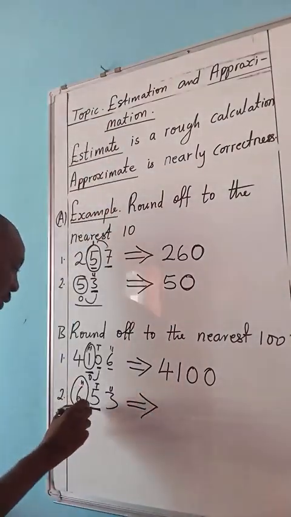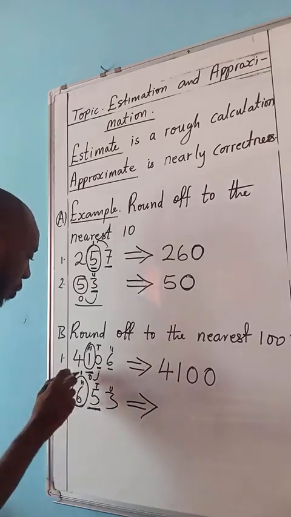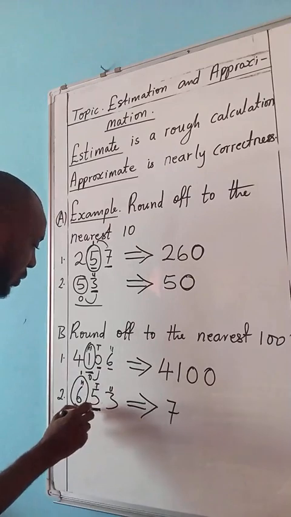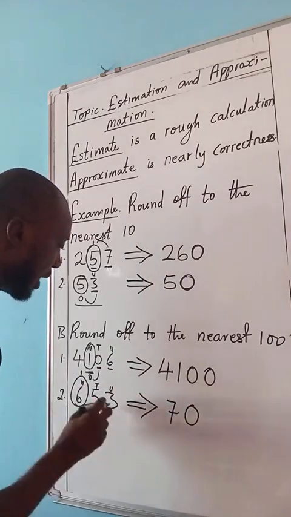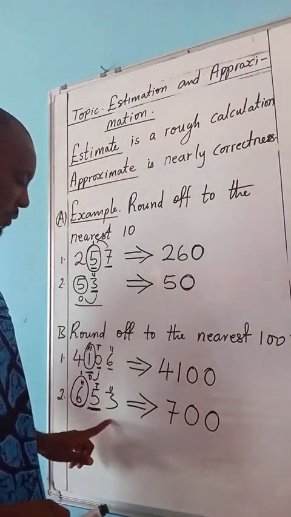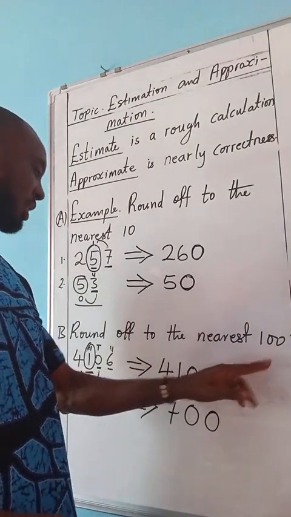So because this is 5, then we are rounding up and we are adding 1 here. 1 plus 6 will now give you 7. Then this one you use in rounding up we change to 0, and this one 0. So 653 will now be 700. You've rounded up to the nearest 100.